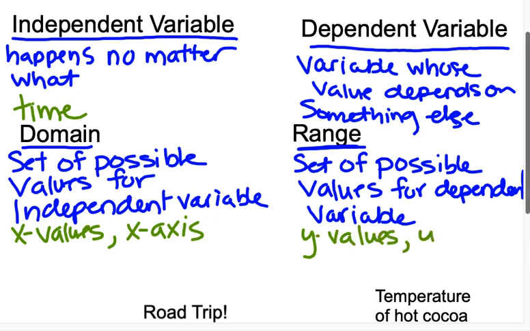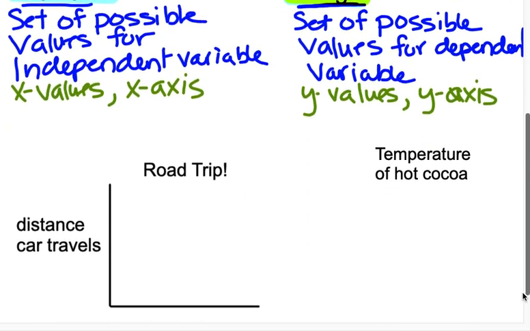When you graph them, they sit on the y-axis. All right, so far we've got 4 terms. Independent variable and domain match together. Dependent variable and range match together. Maybe I should make those a different color. Like that. Now let's do some examples where I think it will all come together.